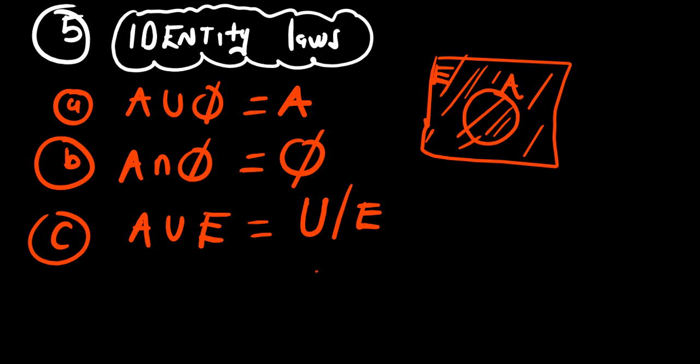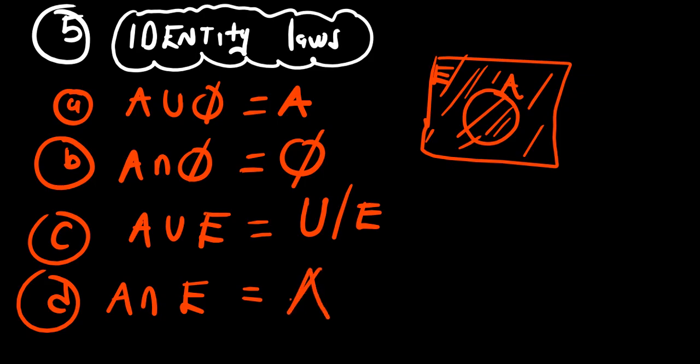Then what other law can we put? If we say A intersection U, or intersection E, even this one is just a guess.